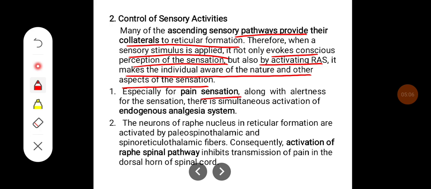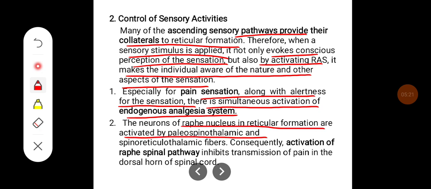Especially for pain sensation, along with the alertness for the sensation, there is a simultaneous activation of the endogenous analgesic system. The neurons of the raphe nucleus in the reticular formation are activated by the paleospinothalamic tract and spinoreticulothalamic fibers. Consequently, activation of the raphe spinal pathway inhibits the transmission of pain in the dorsal horn of the spinal cord.